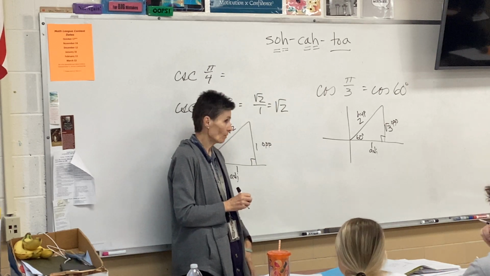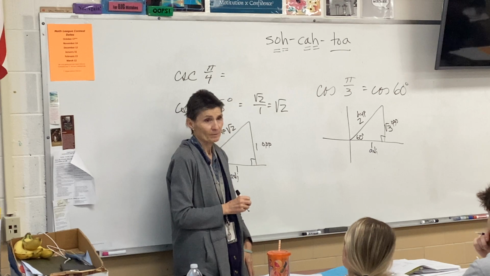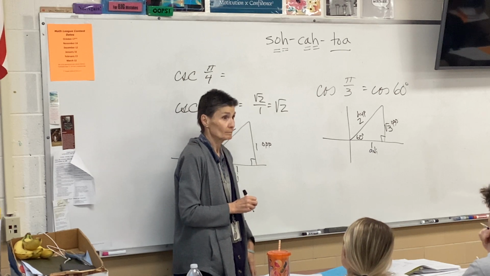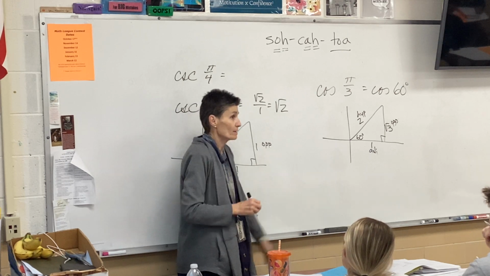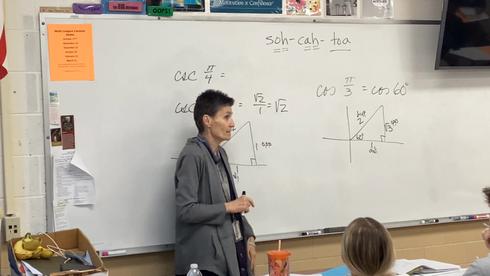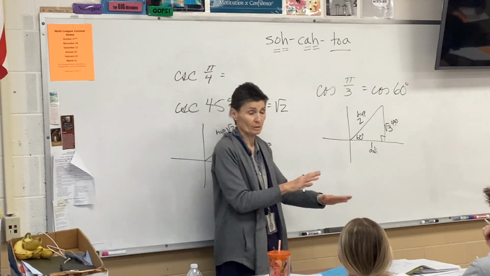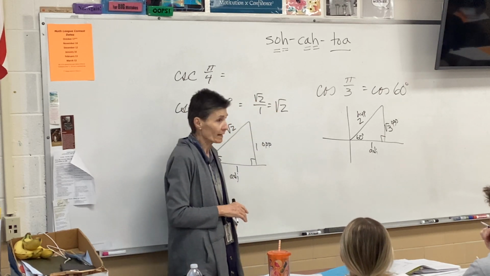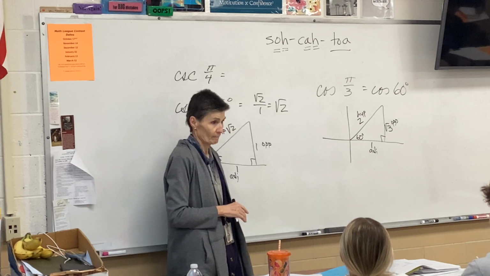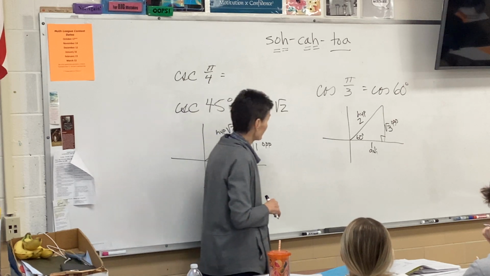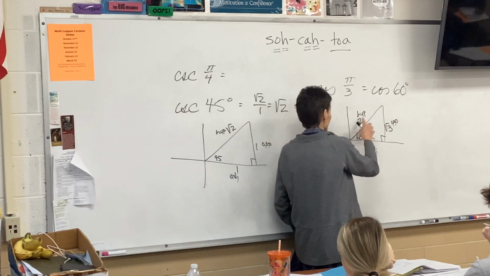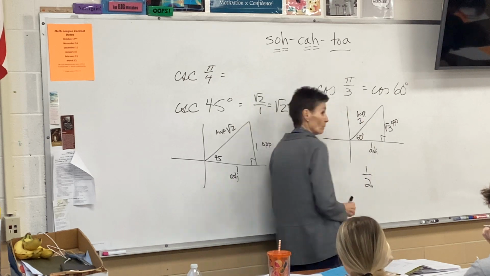What happens if you don't memorize all this stuff, guys? You will fail. Yep, because everything is based on this basic memorization. It's really easy once you get it memorized, but you've got to have it memorized. So I want cosine. Cosine is adjacent over hypotenuse. That would be 1/2.